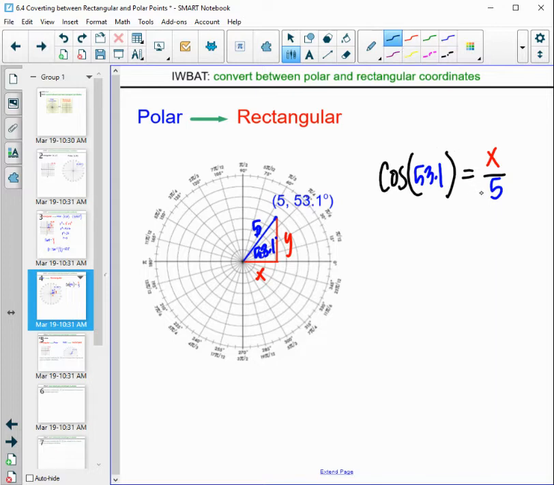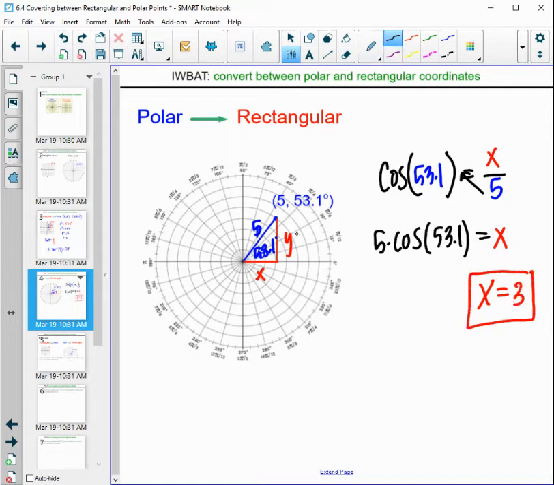Then we could just cross multiply here, like multiply the 5 up. So we would have 5 times cosine of 53.1. Type that into our calculator, and that's going to give us our x coordinate. If you type that in, you're going to get your x coordinate is 3.